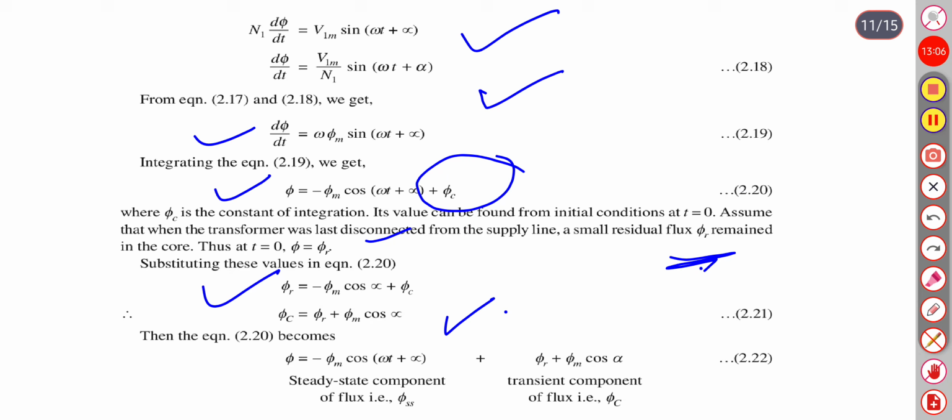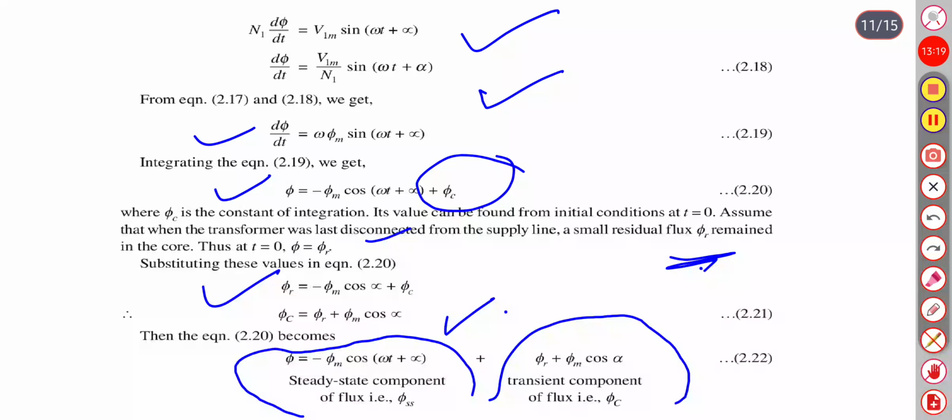So here are two terms. One is minus phi m cos(omega t plus alpha), and the second term is phi r plus phi m cos alpha. This is called the steady state component of the flux, and this is called the transient component of the flux.